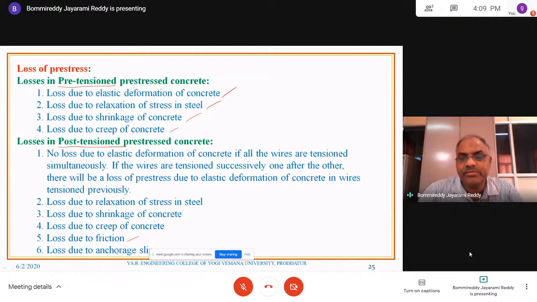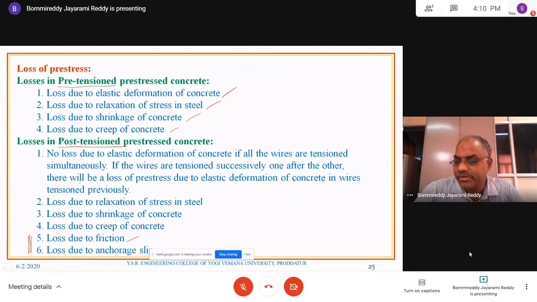Anchorage slip means after attaining a sufficient tension in the cable, the cable is going to be removed after completion of the work. At the time of removal, there is a slip, that is called the anchorage slip. So these two losses exist only in post-tensioned pre-stressed concrete.